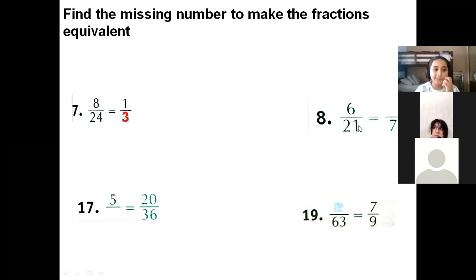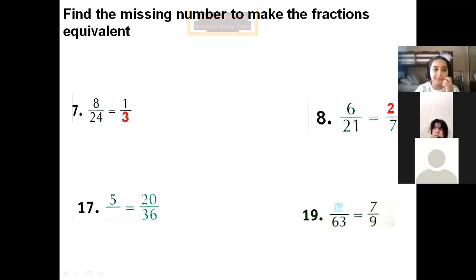So if you look at the bottom numbers, 21 turned to 7. What did we do to 21 to be 7? Divide by 3. Excellent. So we should do the same for number 6. 6 divided by 3, what do you get? 2. Excellent. So the answer is 2. Thank you, Aisha.